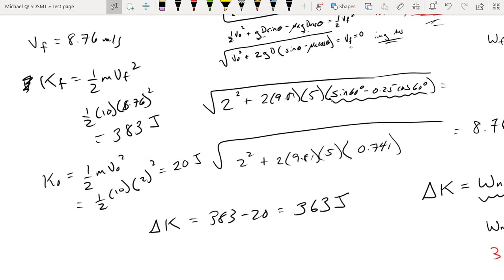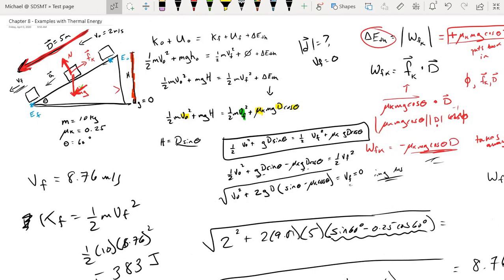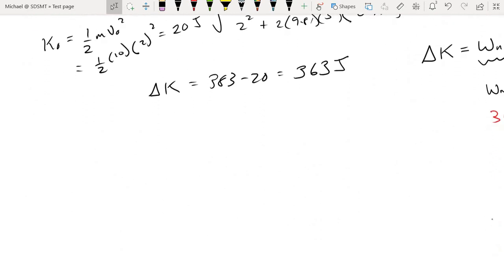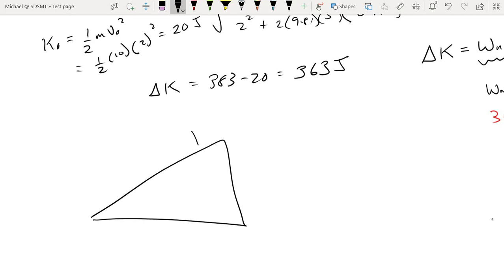Now, maybe you want to do a quick little self-check to see if gravity has in fact done that amount of work. There are two ways that you can confirm that answer. I'll draw the system here again. Now, our displacement is downhill.